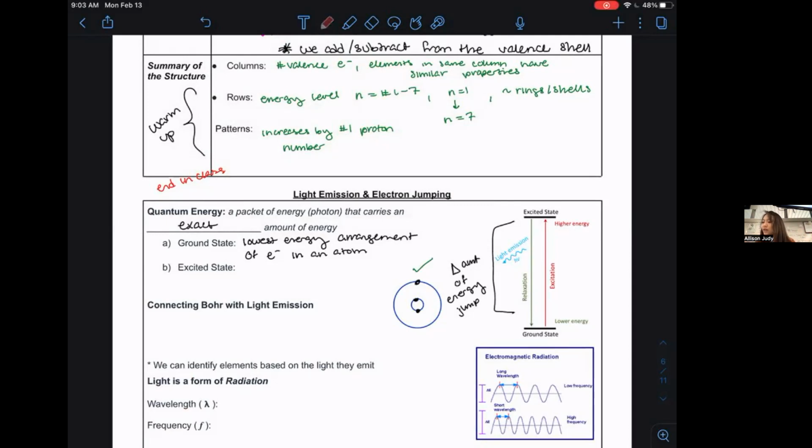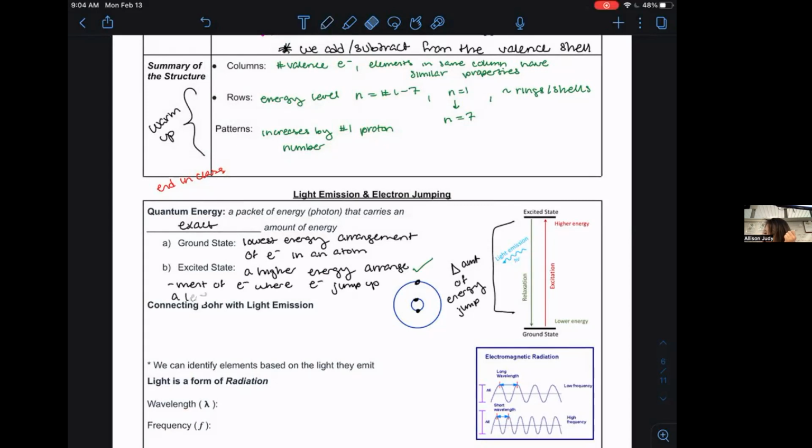And we say that when electrons absorb energy, they jump up to another level. They have the energy to jump. So the excited state is a higher energy arrangement of electrons, where electrons jump up levels.